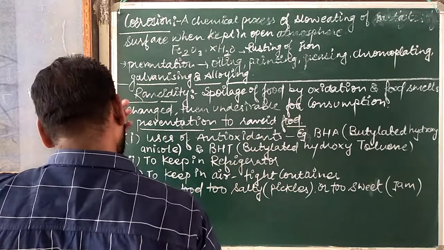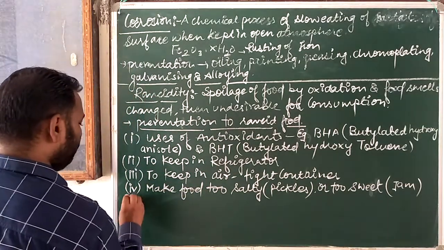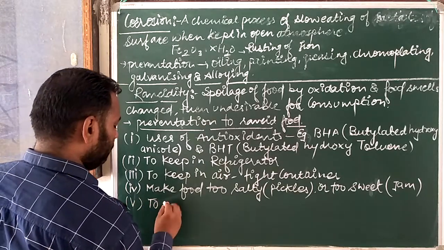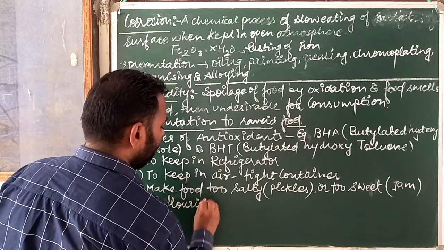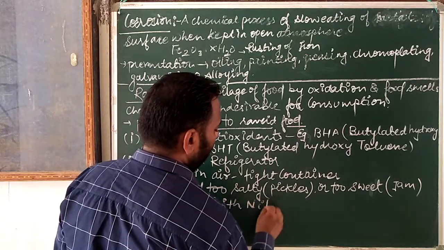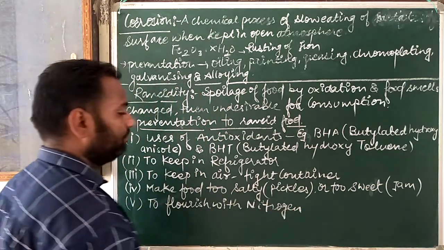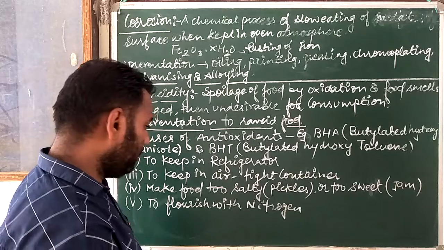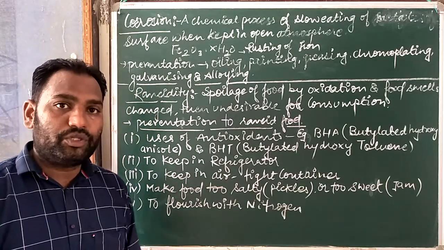And next one is to flush with nitrogen. So these five are the main points to prevent our food from becoming rancid.